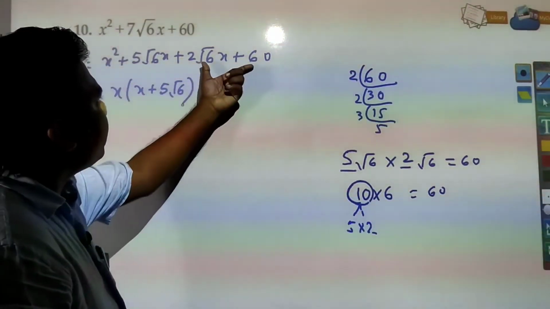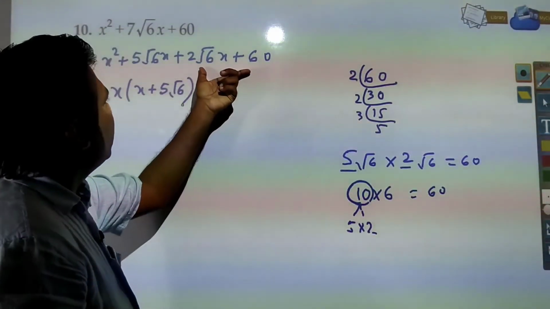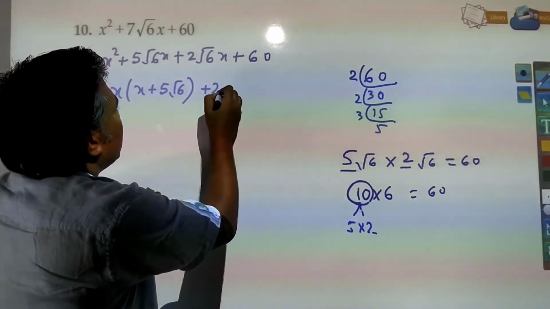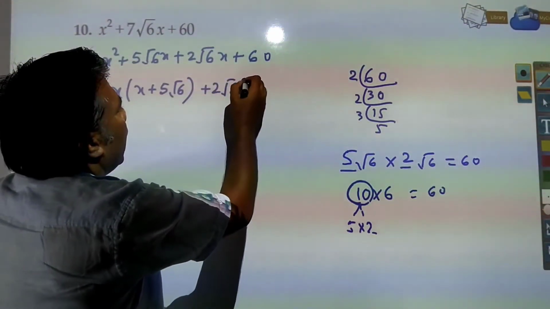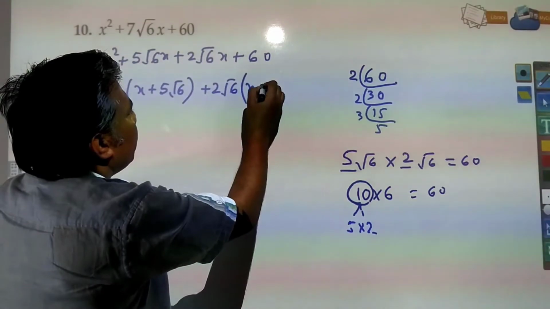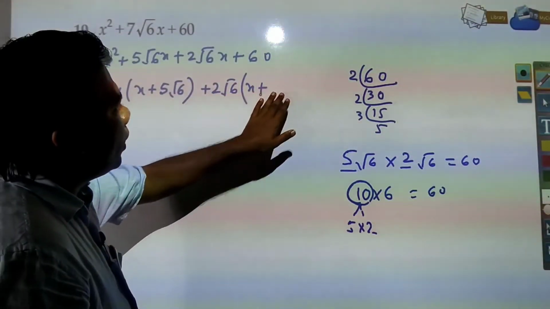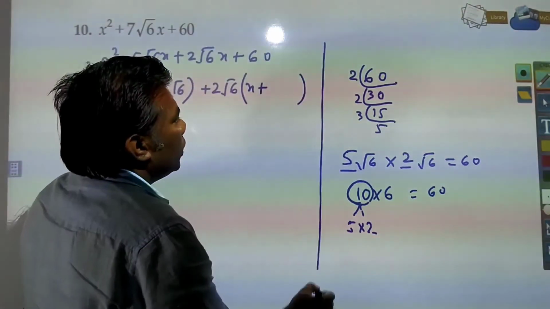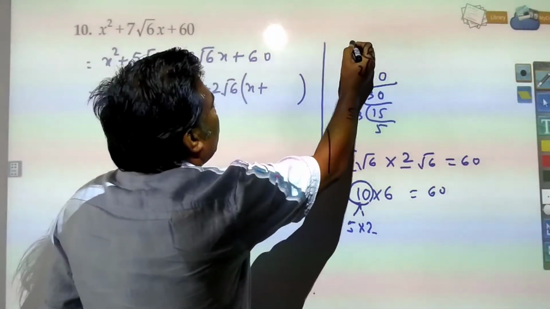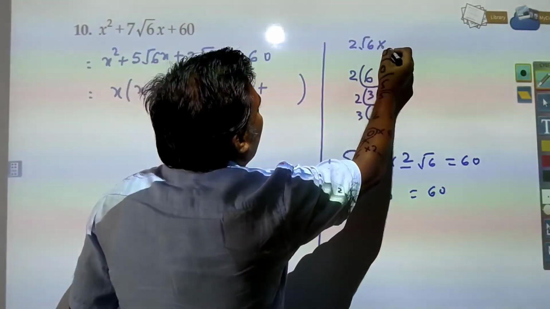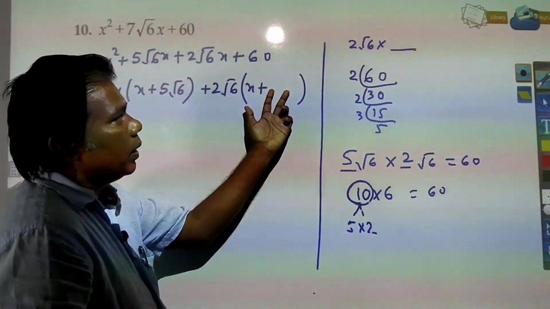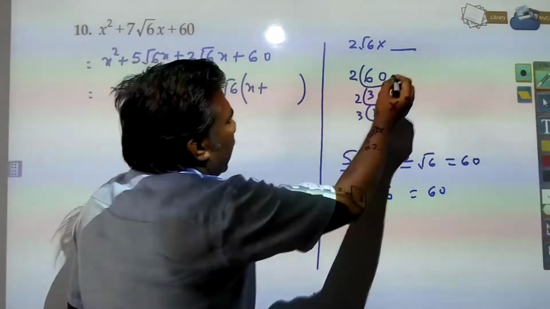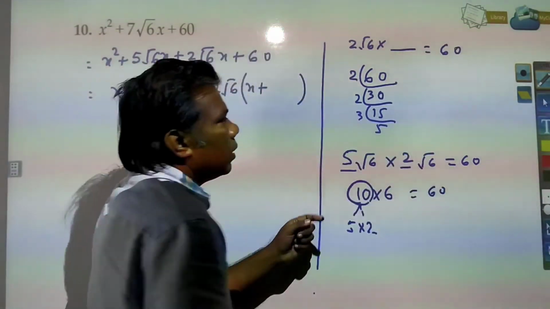Here you see again what common will you have? 2 root 6. And here you will be left with x plus, again how will you know what number you will get over here? So just what you need to do, 2 root 6 into what number will be left over here, that you don't know, and product you should get 60.